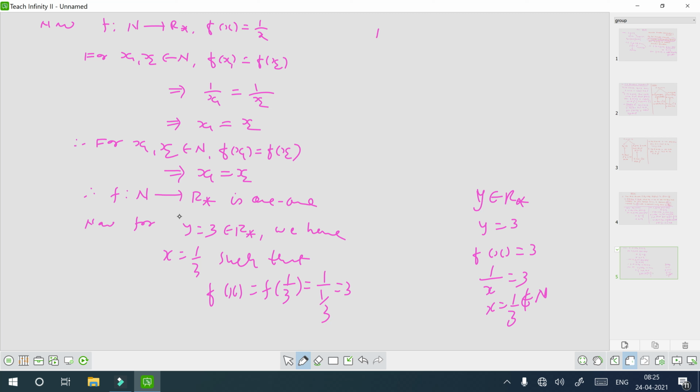But x is equal to 1 by 3 is not a natural number.